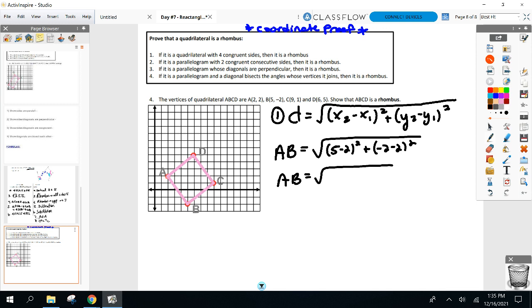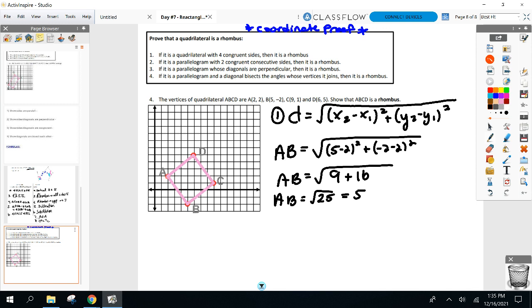That's up to you. I should get 9 here, and then negative 4 squared, I should get 16. Keep trucking. AB equals square root of 25, which is equal to what? 5. So if I did this right, the other should come out to be 5.